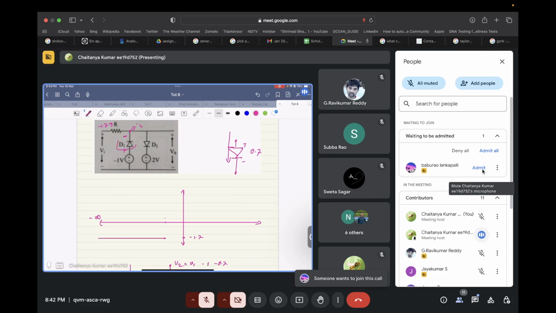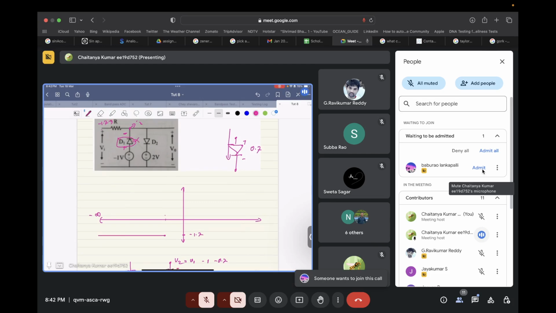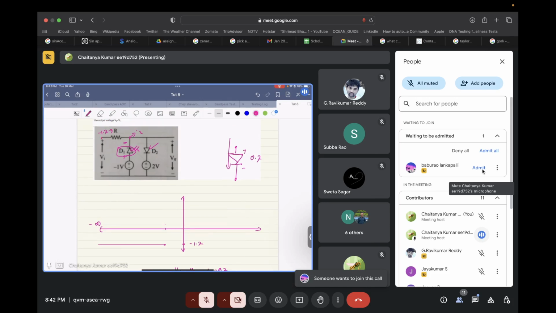So D1 will no longer be in forward bias. So D1 is open circuit, and D2 has not yet come into forward bias. So both the diodes D1 and D2 will be in open circuit. So Vi will be equal to Vo. Correct? So we will have a straight line like this.